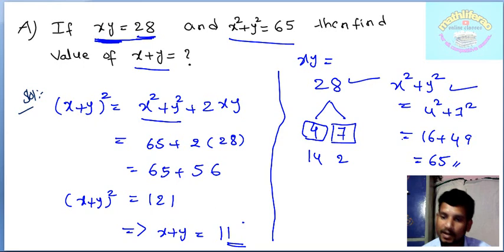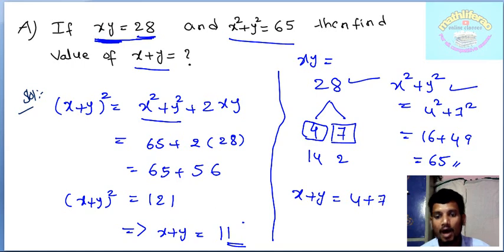Also satisfied. So when taking the x value 4, y value 7, or x value 7, y value 4, satisfy these two conditions. So find the value x plus y equal to 4 plus 7 or 7 plus 4. Value is 11. This is your answer.